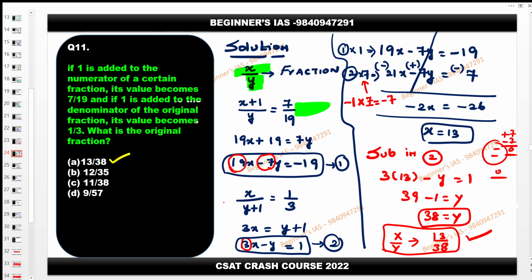We have discussed this model. Then when nothing is added in the numerator and 1 is added to the denominator, it will become 1 by 3. Then get the second equation. Solve these equations, get the values of x and y so that you can get the original fraction. Clear?